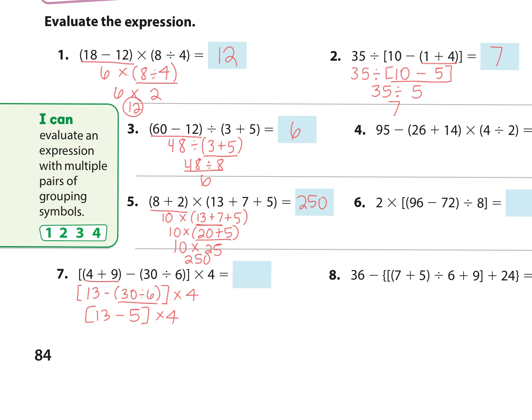Okay, the next part, what do I do? What would be my next step? What do I solve next? Say it louder. 13 minus 5. Good. Which is what, guys? 8. And then 8 times 4, which is 32.